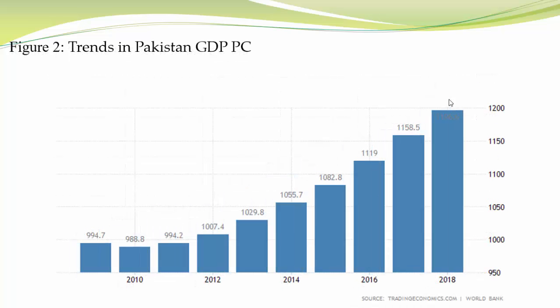Similarly, trends in GDP per capita, gross domestic product per capita, can be seen in this diagram. We see that in 2010, the per capita GDP in Pakistan was 988 US dollars, which increased to 1158 USD in 2017.